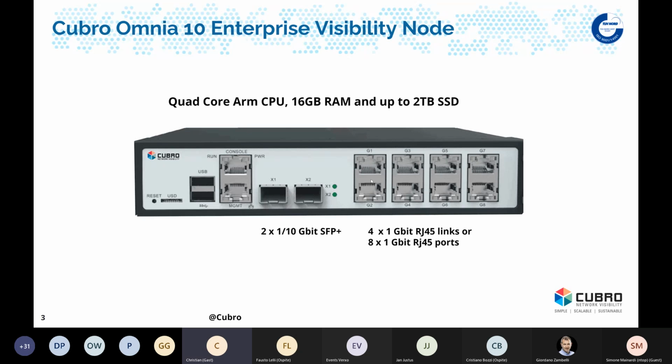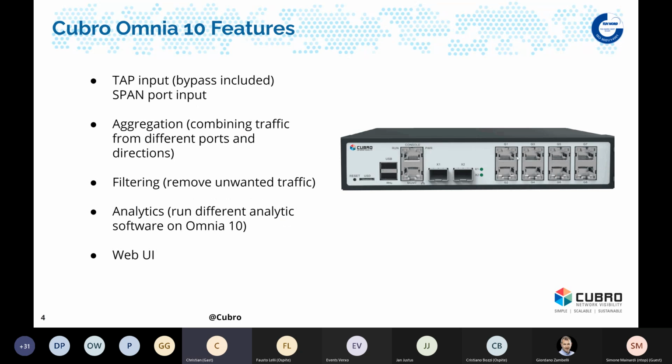So I want to jump over quickly. We have the option for tap, so inline, and we also have the option of using this as a SPAN port. We do aggregation inside, we do filtering if needed, and we can run analytic software.